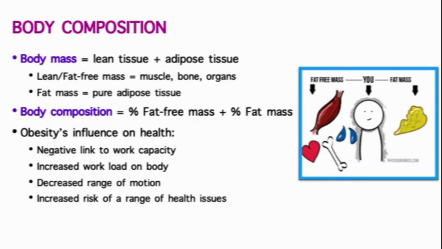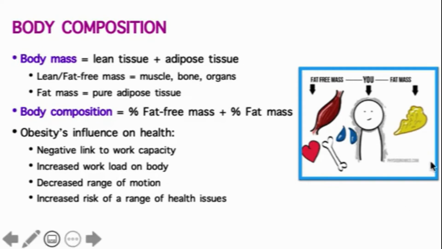Any way you look at it. But lean or fat-free mass is usually going to include muscle, bones, organs, anything that's not fat basically, and water, which actually makes up a lot of our body weight. Especially if you have more muscle, you have more water, because muscles hold a lot of water at least. And then our fat mass is purely adipose tissue, right?